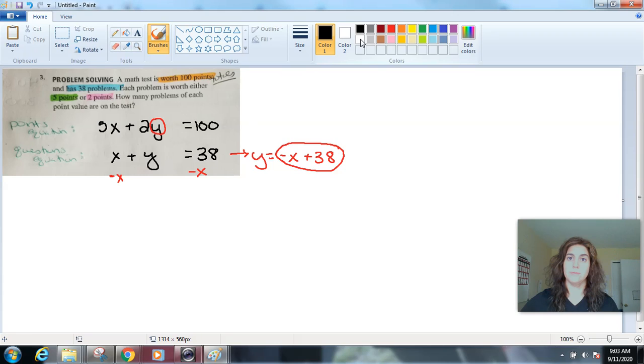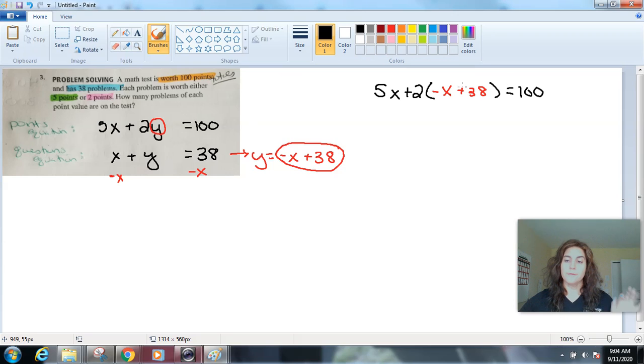Okay, so I can rewrite this top equation as 5x plus 2y. And instead of y, I'm putting in a negative x plus 38 because that's what I found that it equaled. And that's going to equal 100. Okay, from here, I'm going to solve it. I'm going to distribute that 2 in. So negative 2x, 2 times 38 is 76, equals 100.